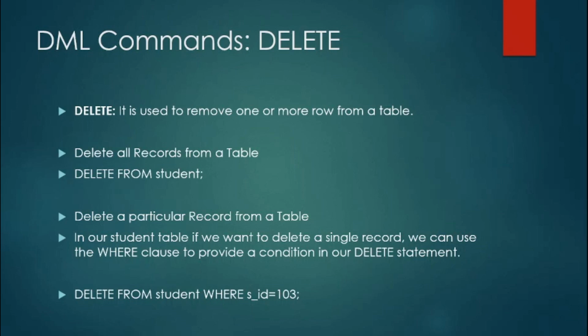But if you use the command delete from student, it will delete all the records from a table. But here we have a condition: if you have accidentally deleted any row or all the records from a table, before you commit the changes, you have the option to roll back the changes.